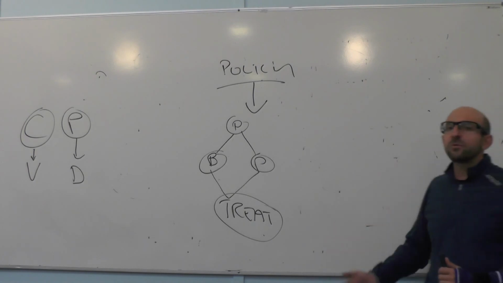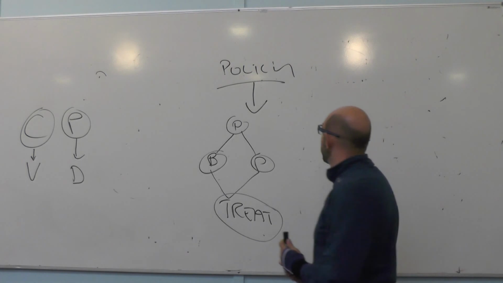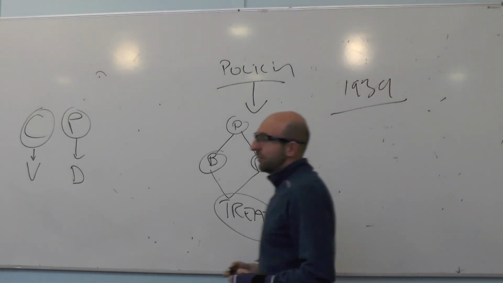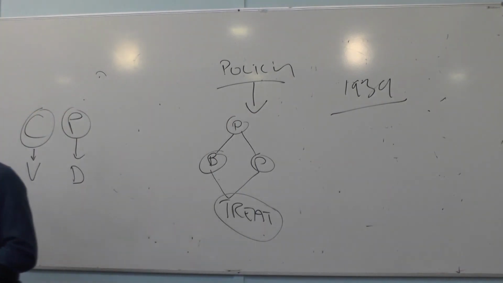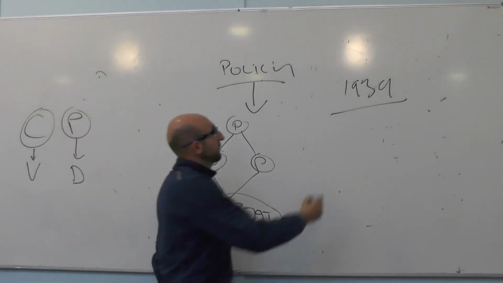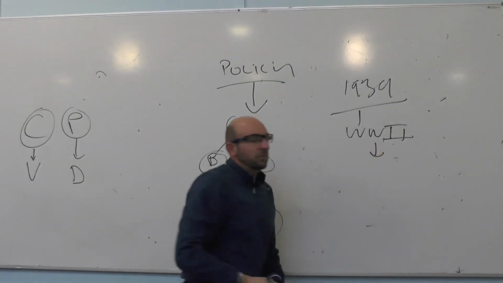But I would suggest to you that we should take these ideas seriously, okay? Because of something that happened in 1939. On a European global scale, what happened in 1939? World War II. What was the project?